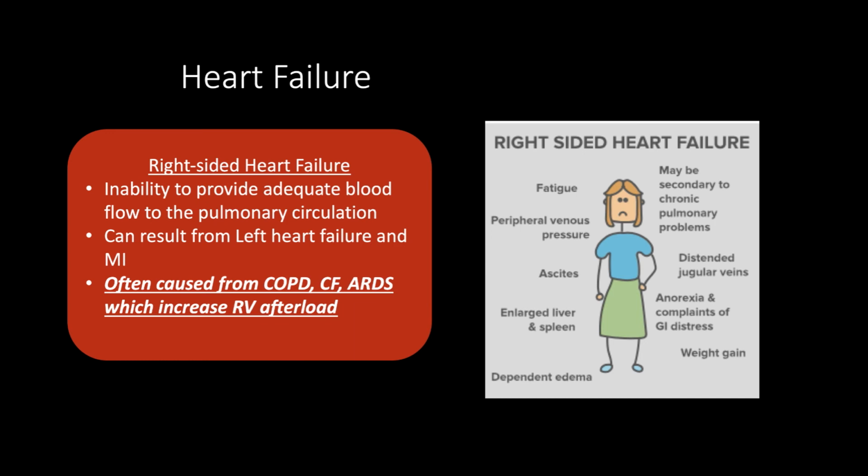So it just kind of domino effects down the line. But most of the time, this is secondary to a chronic pulmonary problem. So COPD, cystic fibrosis, acute respiratory distress syndrome, COVID-19 would be a good example of what would cause right-sided heart failure, because these all just increase that right ventricular afterload.